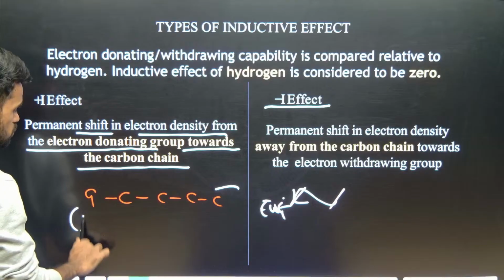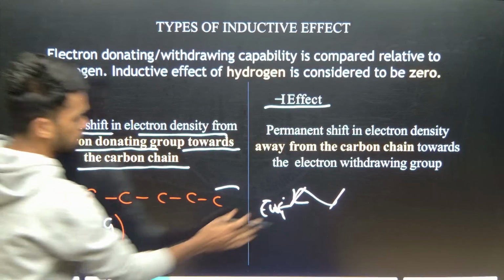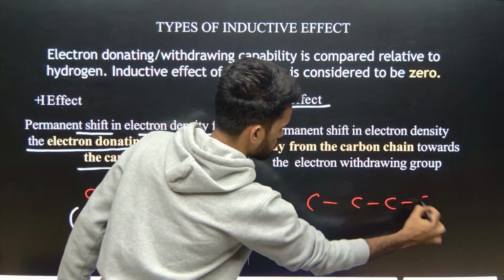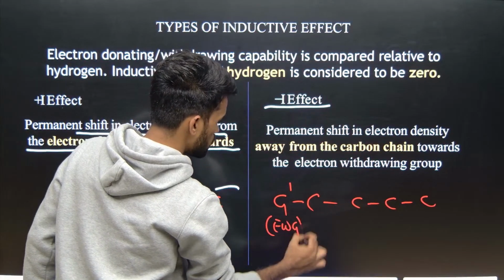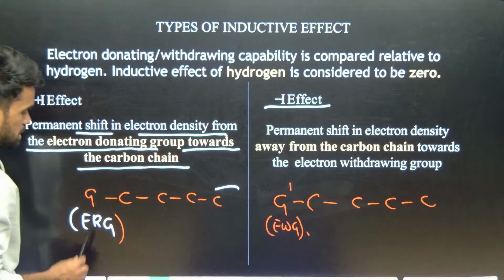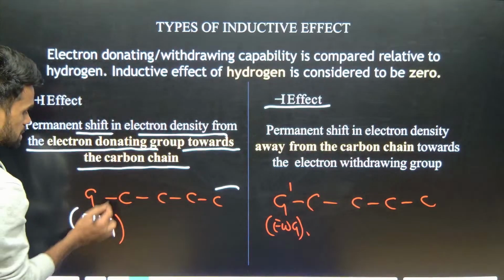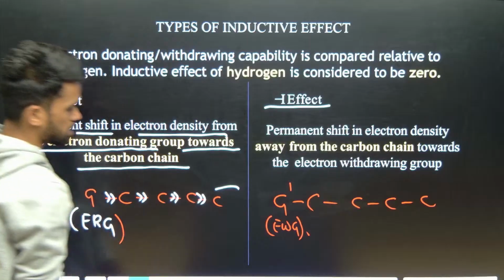I am calling this group G an electron releasing group. Similarly, here I am calling a group G dash an electron withdrawing group. So what do these electron withdrawing and releasing groups do here? A releasing group releases electrons into the carbon chain like this.